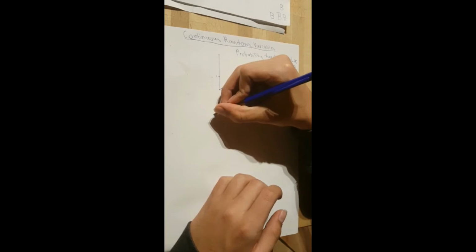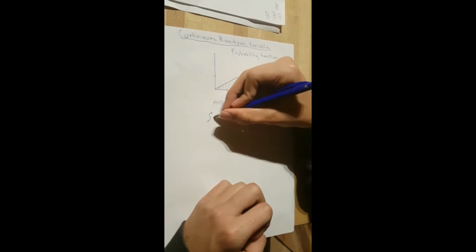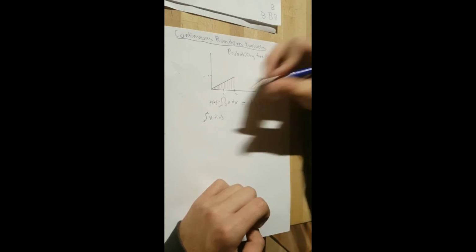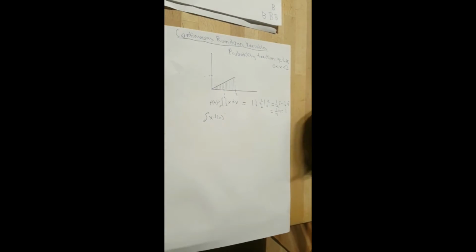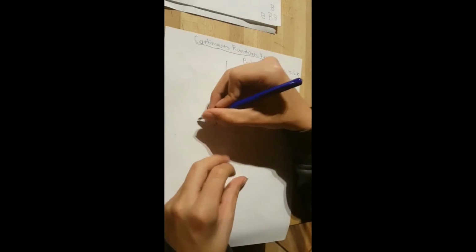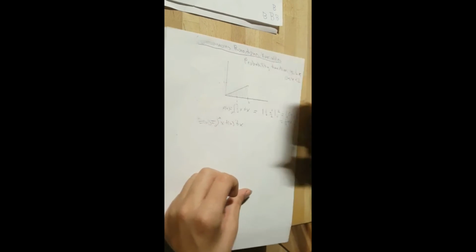So if you think of the integral as a sum, then for continuous random variables, it's also the sum of the x's times the probability. So that's the formula for the expectation of this random variable x.